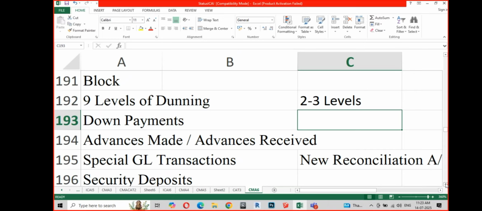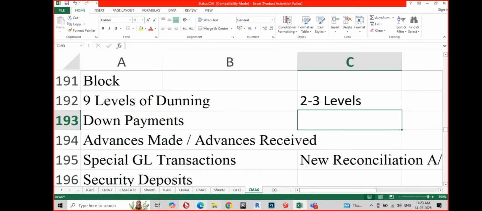But when you're talking about concepts like your rental security deposit, your advances, your bank guarantees, all these transactions are treated in the SAP system differently. These transactions are referred to as special general ledger transactions.